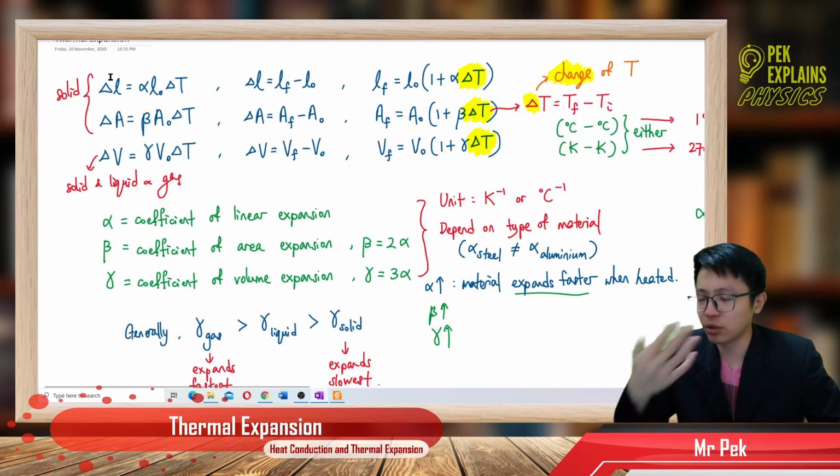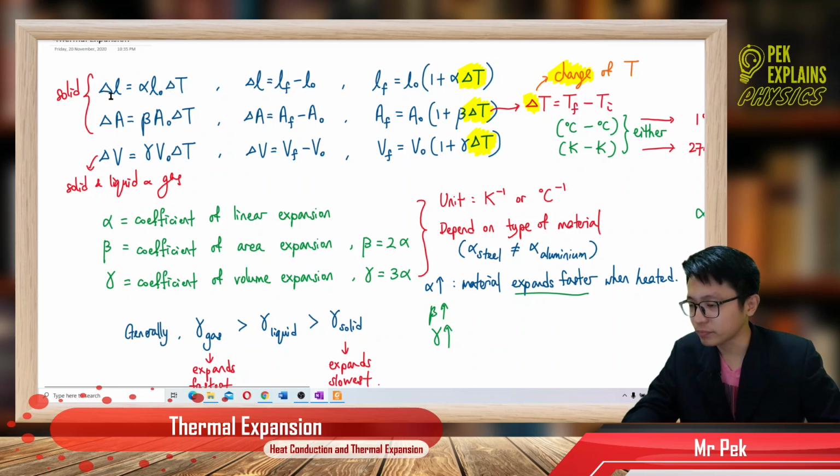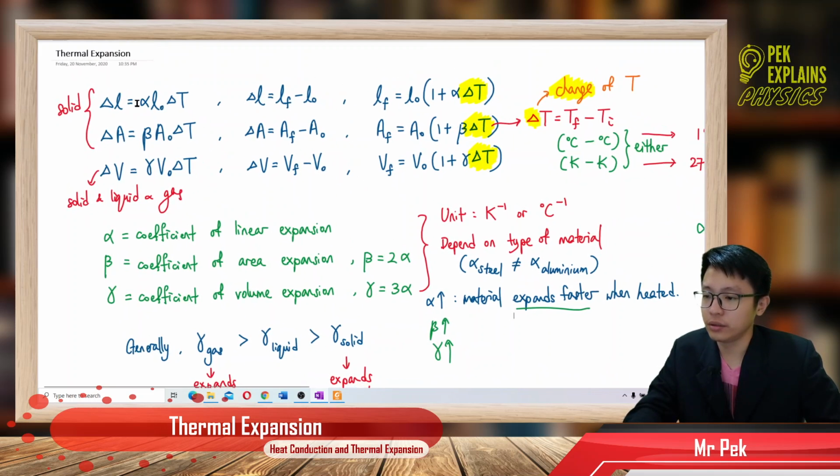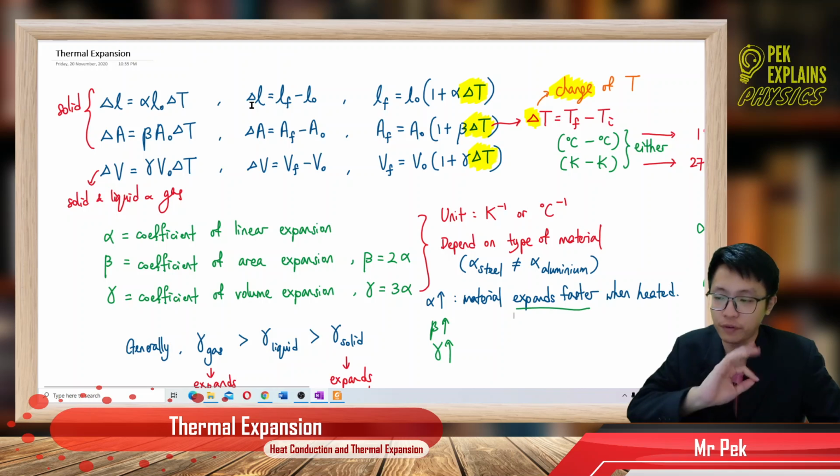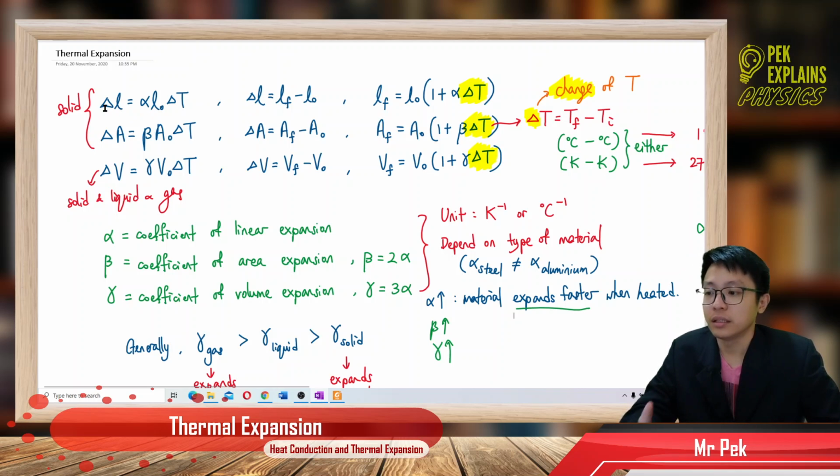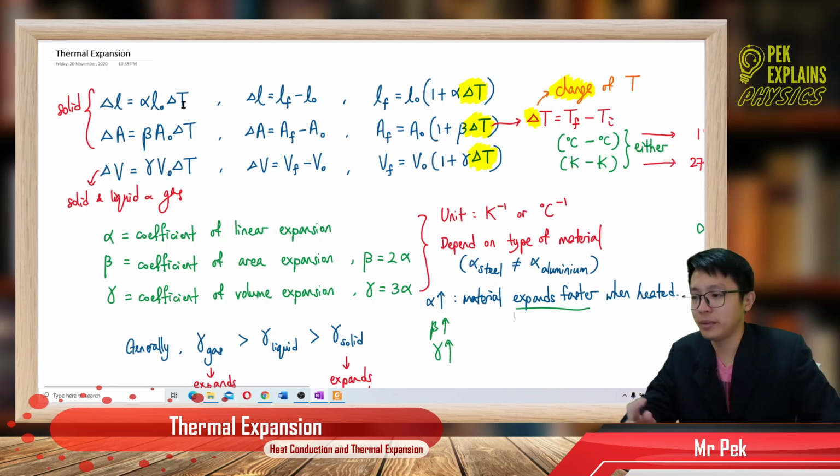Okay, let us go back to the equations. The change of length, you see, the expansion of length depends on three factors. Expansion of length is proportional to alpha, proportional to the initial length, and proportional to the change in temperature. That means the higher the alpha, or the higher the initial length, or the higher the change in temperature, the more expansion.